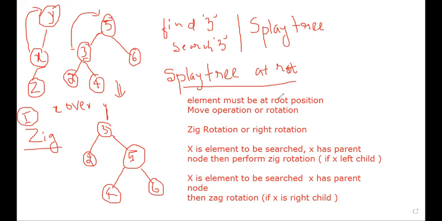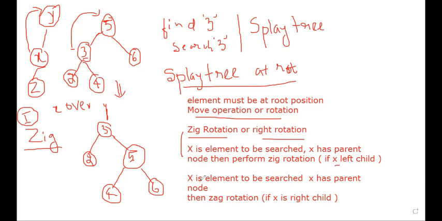To perform this, there are various rotations. One is the zig rotation, also called a right rotation. This zig rotation is applicable when X is the element to be searched and X has a parent node, and X is the left child. Then perform the zig rotation.